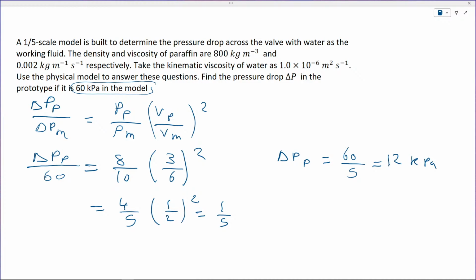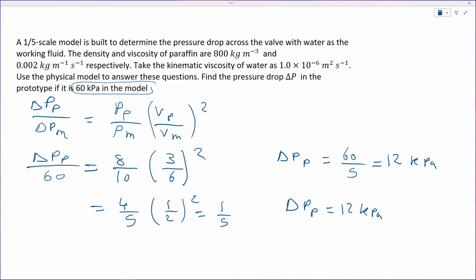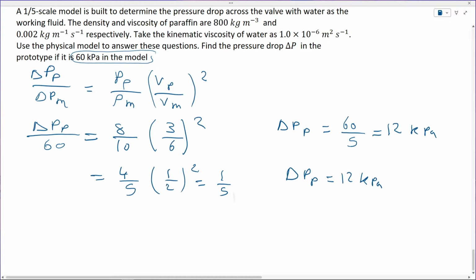So basically, delta P prototype is equal to 12 kilopascal. So this is in the model and this is the prototype. Okay, I think that concludes it.